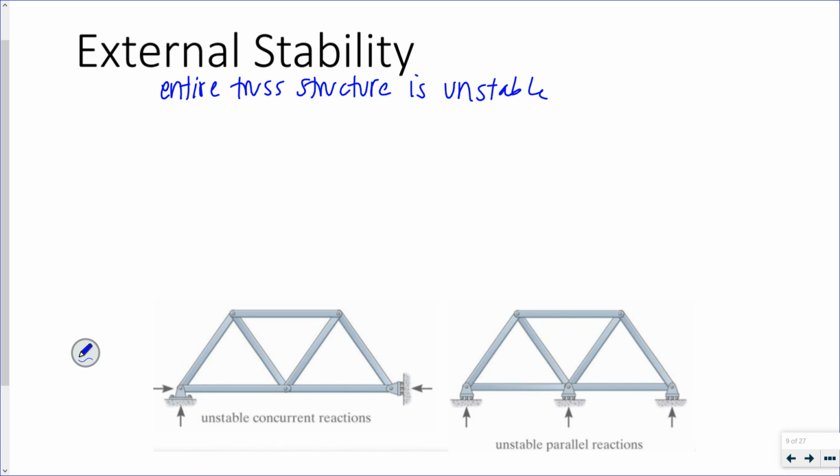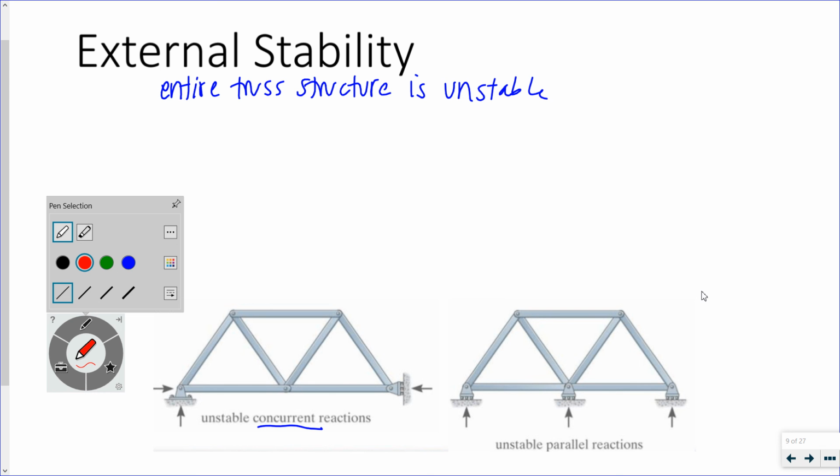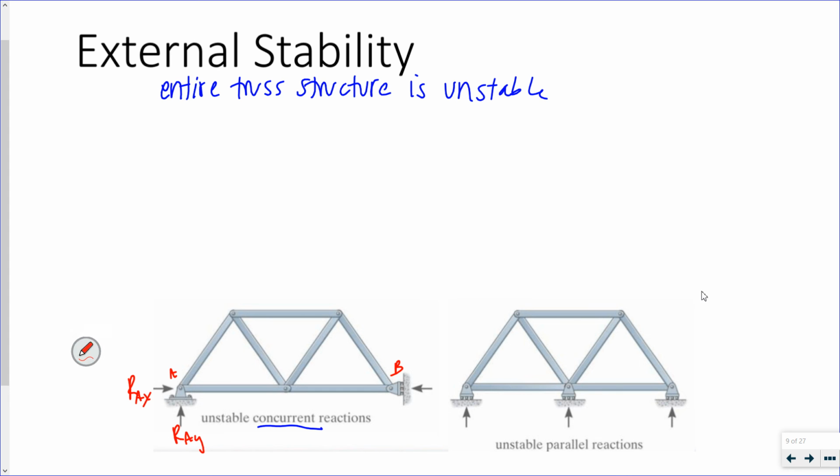For example, if I look at the bottom left, right? If I look at concurrent reactions, let's see. If this is A and this is B, I have a reaction at A in the X direction, a reaction at A in the Y direction, and a reaction at B in the X direction.